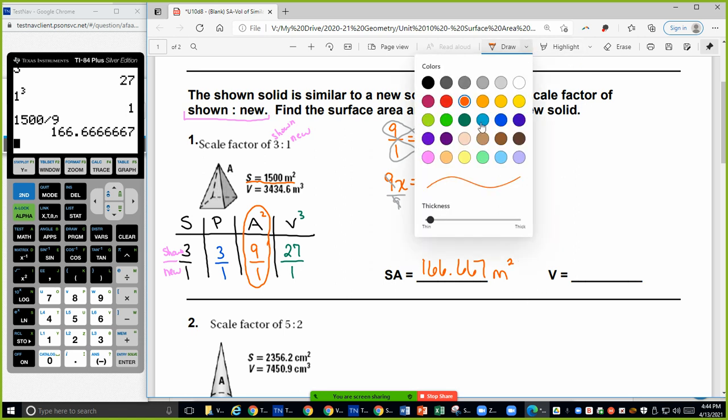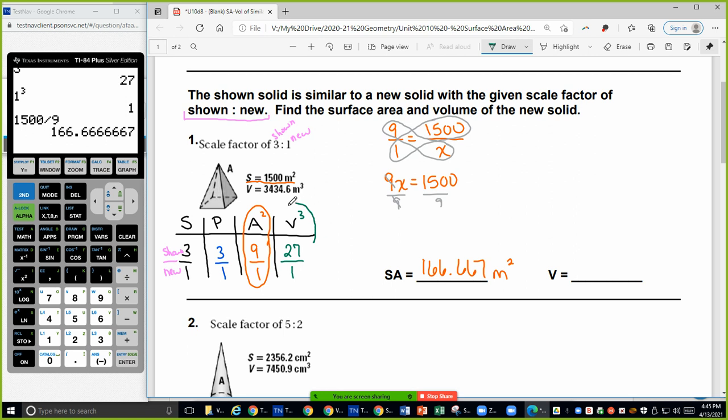When I go to look at volume, I'm going to look at my third column. And my volumes will reduce to 27 over 1. Remember, we do the shown value over the new value. My shown value for volume is 3,434.6. And I'm trying to find what is my new value. I am going to cross multiply.